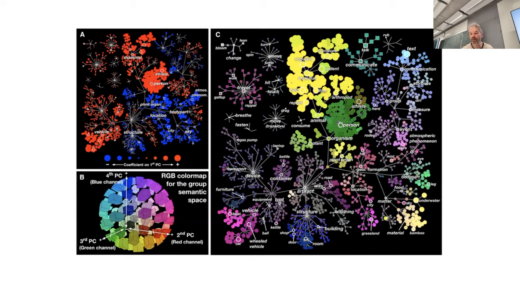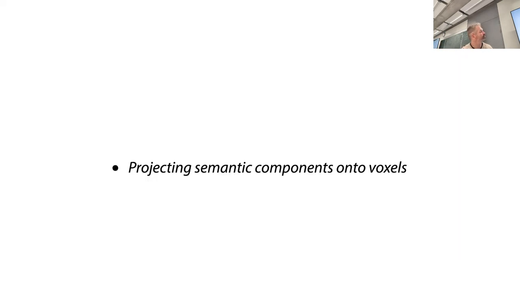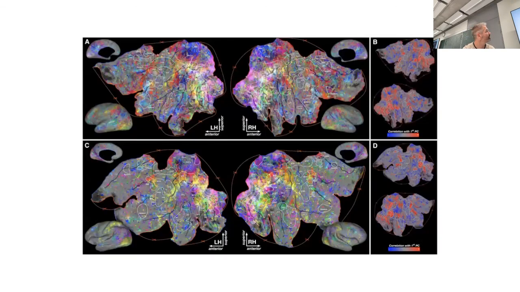And then what you can do is project those components onto voxels again. So people are watching a movie, and then what you start seeing is that you have these beautiful maps of semantic content in the brain. What you're looking at here is very similar to that flattened version that I showed you at the beginning of the lecture. Visual cortex is here in the middle, and the frontal cortex parts are at the sides.